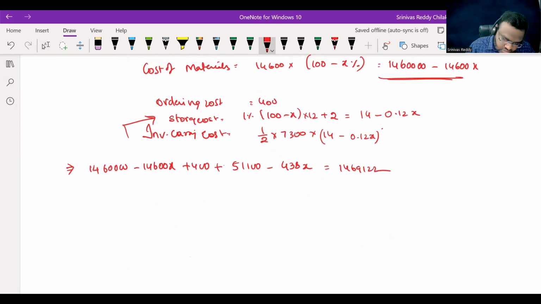I'll take X to one side: 14,600 plus 438, that's 15,038X, equal to 14 lakh 60,000 plus 400 plus 51,100 minus 14 lakh 69,120.